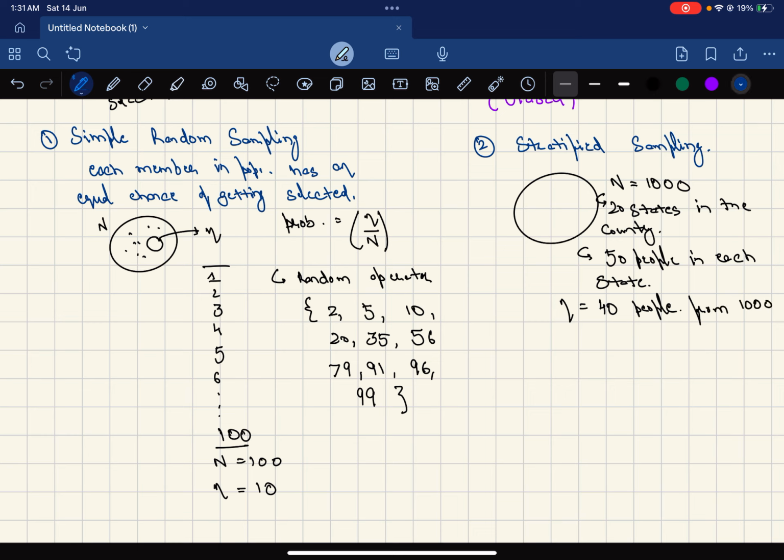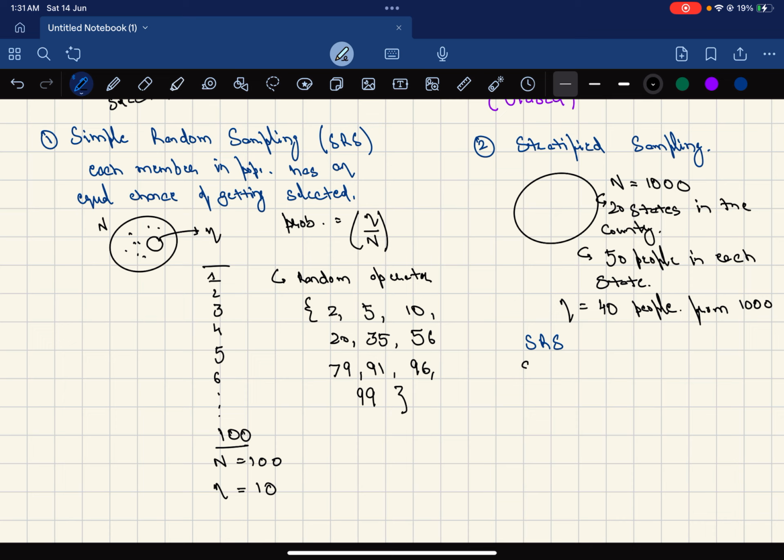Now let us say we use the SRS, or simple random sampling method, and since in simple random sampling all the 1000 members would have an equal probability of getting selected, there is always a possibility that a larger number of people are selected from a particular state, while almost negligible or no members are selected from another state.